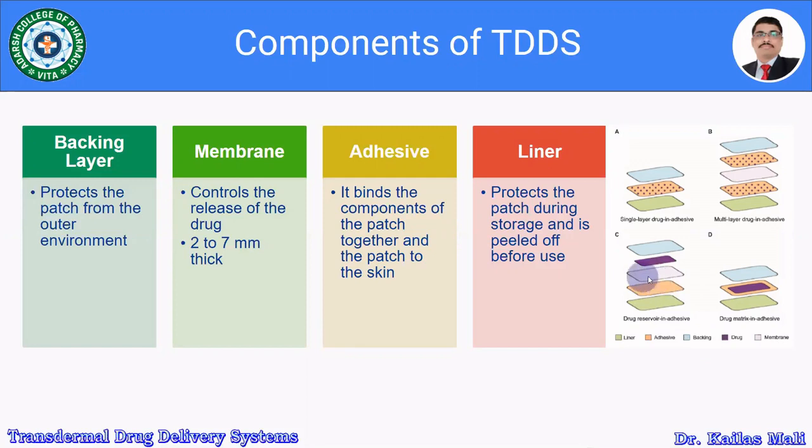Then again there is a backing membrane. Then this one is the drug, and this is the membrane. There are various designs or approaches also available for the transdermal drug delivery system, and depending on that, the place of the specific layer is going to change. So this is about the components of the transdermal drug delivery system.